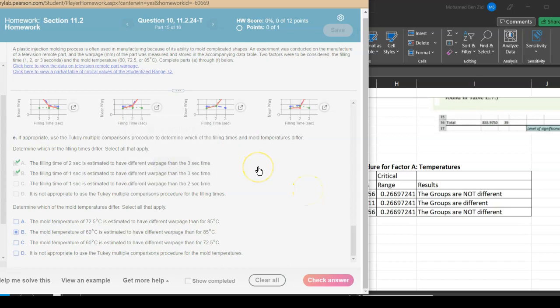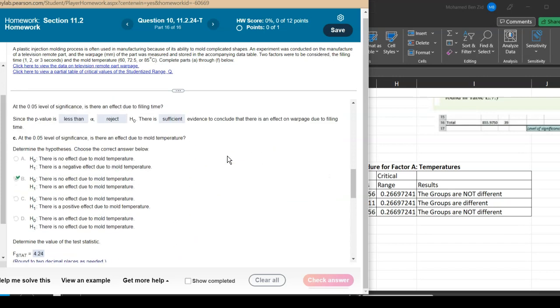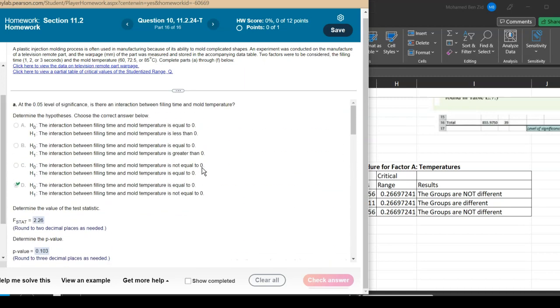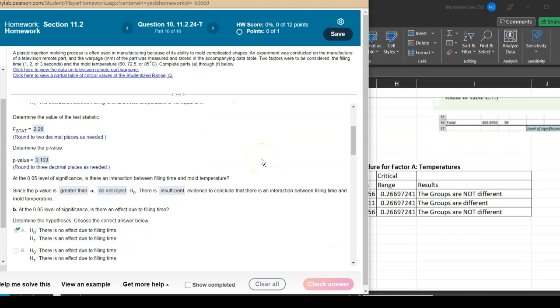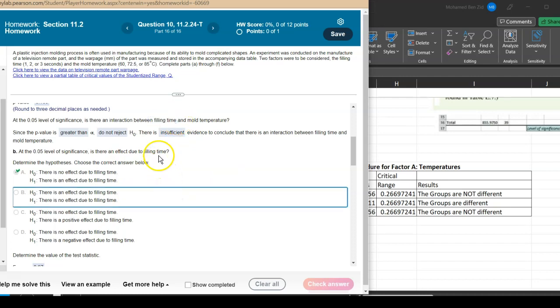We got it. The next question here: we want to figure out whether this statement holds at the 0.05 level of significance. Here is the effect of filling time. It was a statement that we did the test for before, and we said there is no interaction in the beginning, but there is an effect for the filling time, right here.